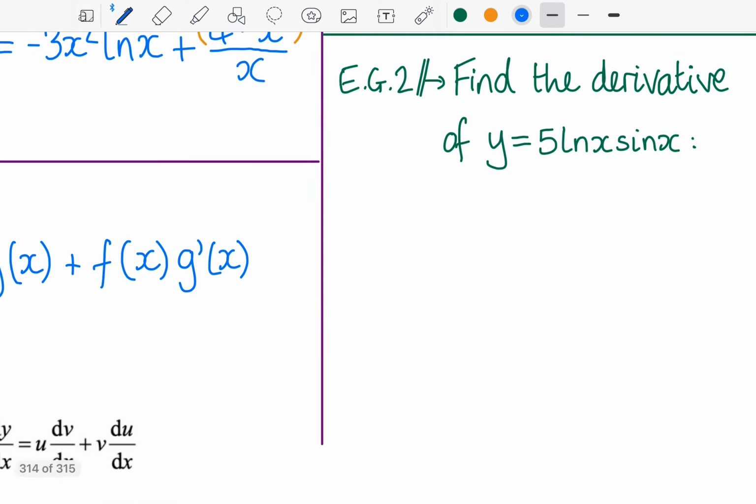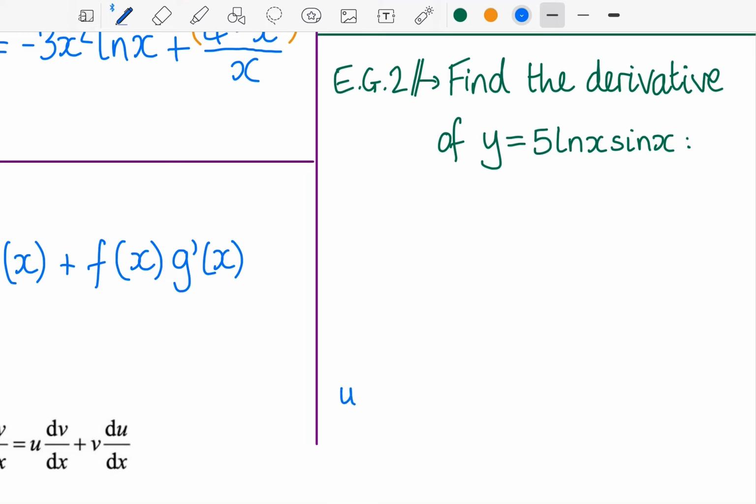And a little bit more tricky here. Why don't I call it u and v this time, just to mix things up. There's no reason why I have to call it f and g. There's no reason why I have to call it anything at all. 5 ln of x, the derivative would be 5 over x, and if I call my v sine of x, then v dash would be cos of x.